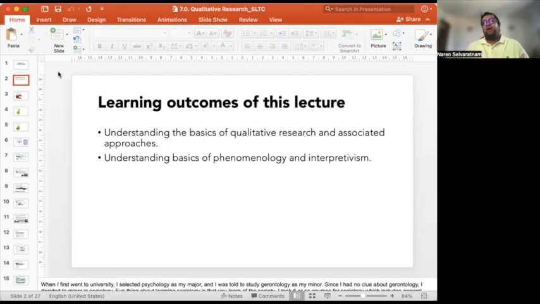Now, why do I talk about qualitative research, and why do I have this much enthusiasm when I talk about qualitative research? See, here's the thing. When I started my very first degree, which was in psychology, I was asked to study gerontology as my minor. And I had no idea what gerontology was at that time.